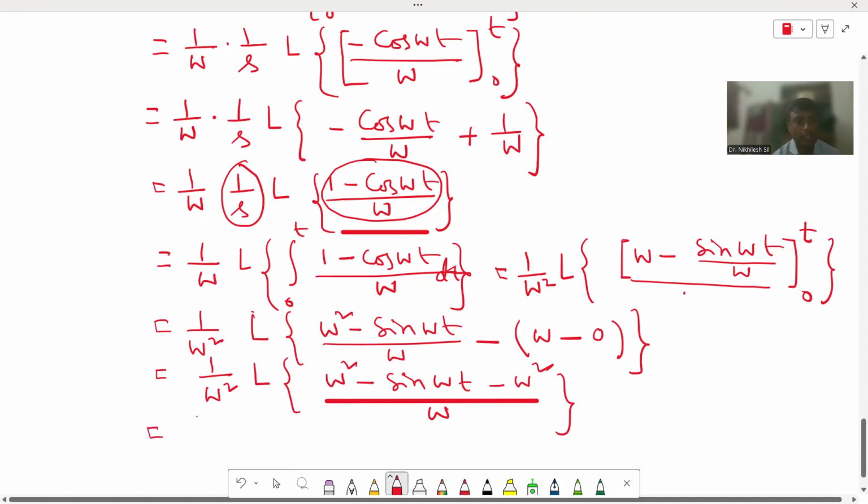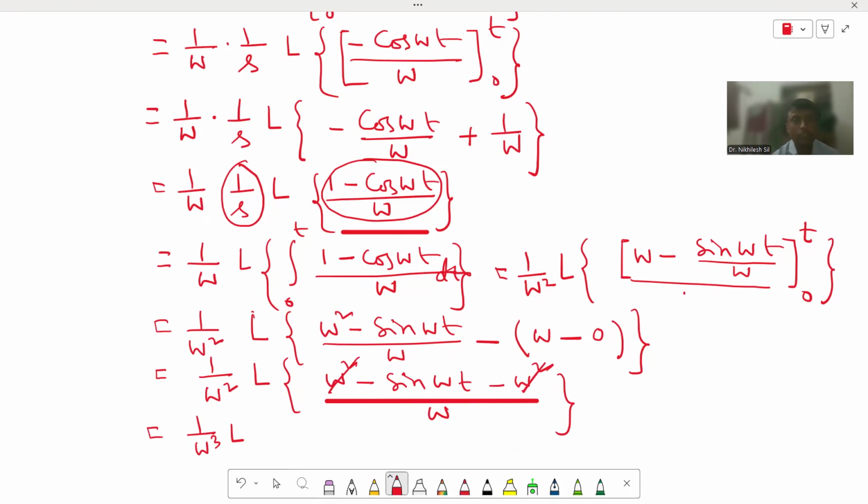So we are getting 1 by omega cube, Laplace of omega square cancel. Oh, we are doing the integration with respect to t. So integration of 1 becomes not omega, it becomes t. Okay. So if we are putting t, it becomes omega t minus sine omega t by omega.